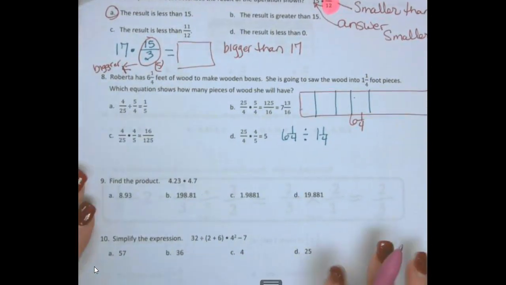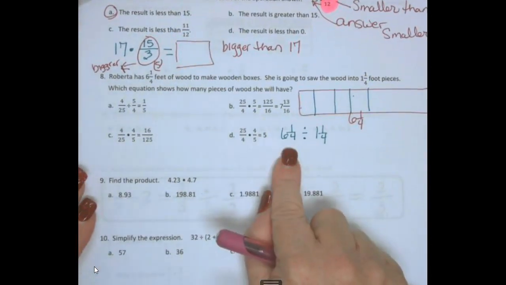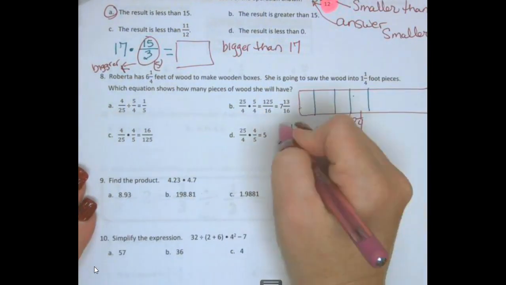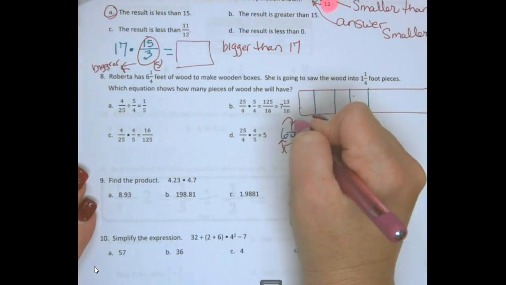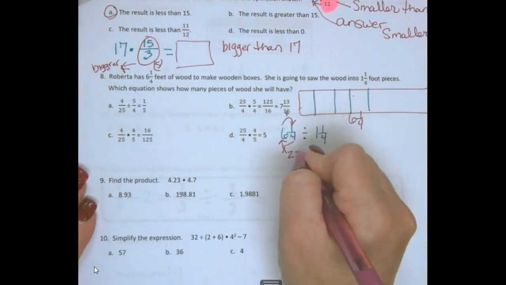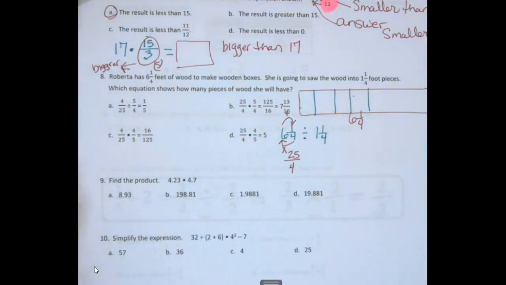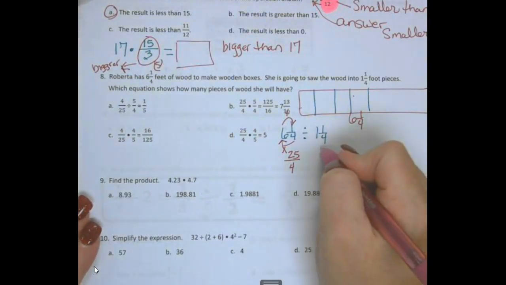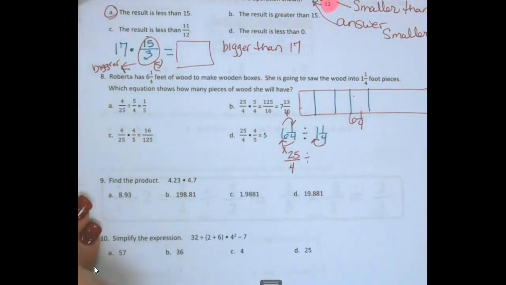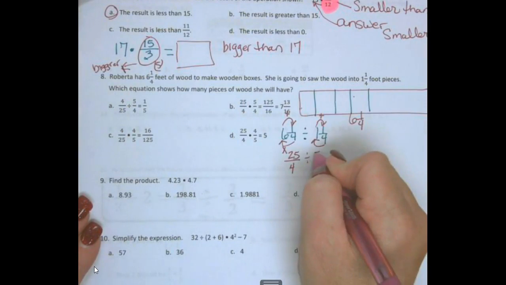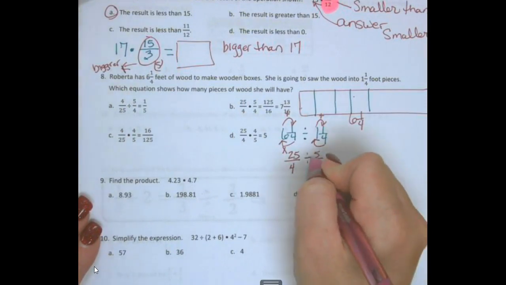The first thing we need to do is put this into an improper fraction. 4 times 6 plus 1 is 25/4. Then I'm going to still divide. 4 times 1 is 4, plus 1 is 5, so this is 5/4.